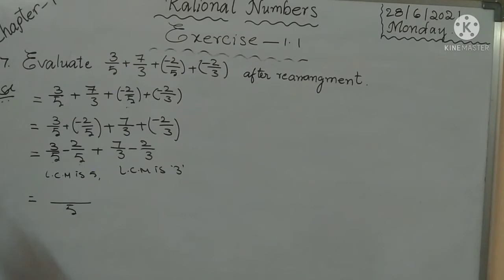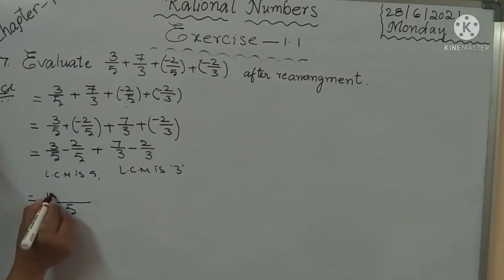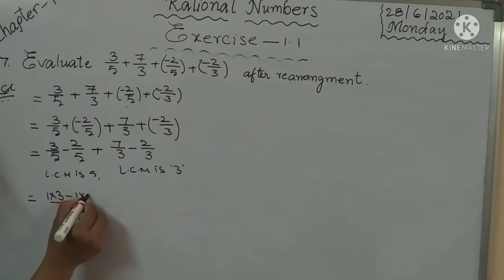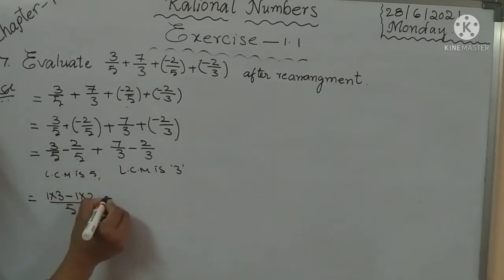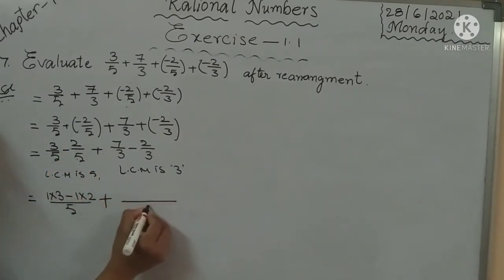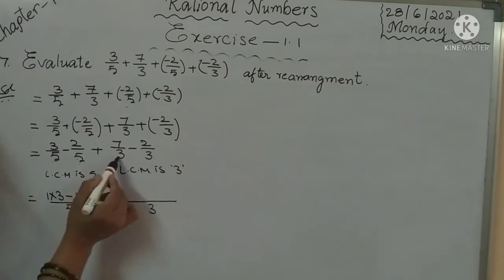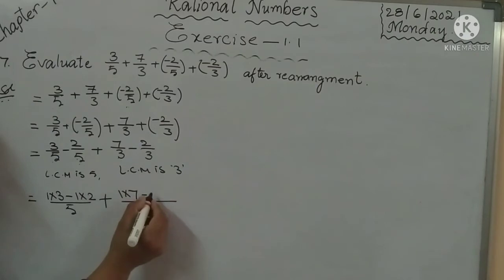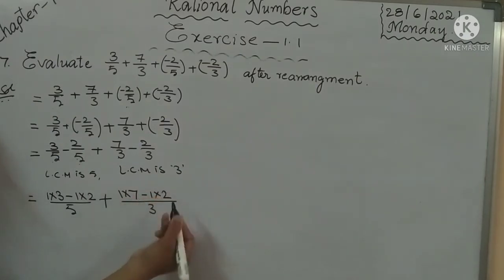5, how many times is it possible? 1 time. So 1 into numerator 3 minus 1 time 1 into 2, plus here the denominator is 3. LCM is 3. 1 time 1 into 7 minus 1 time 1 into 2.